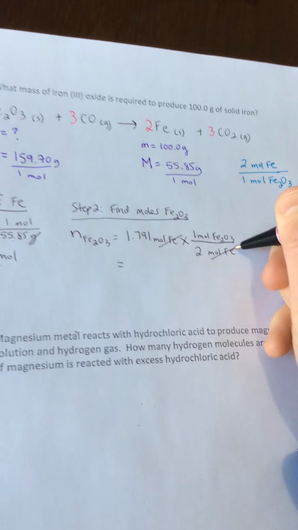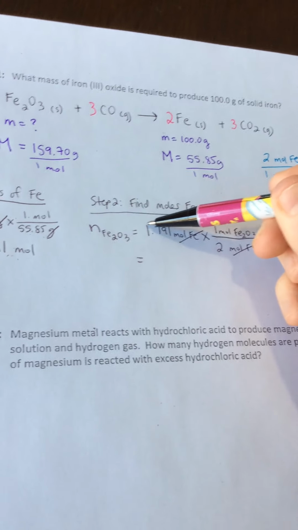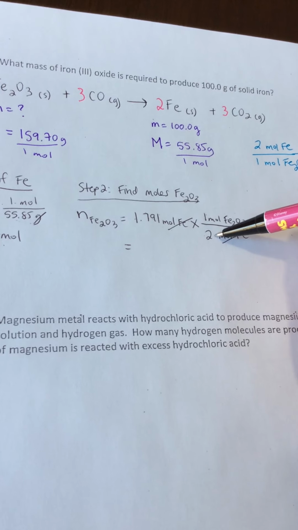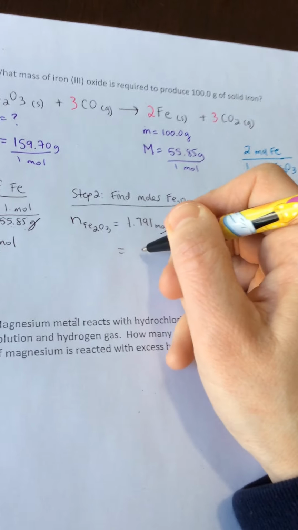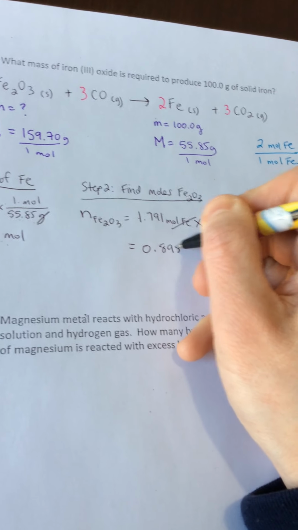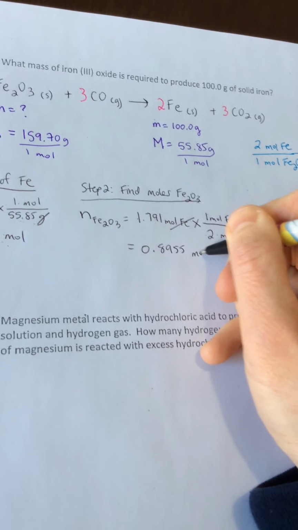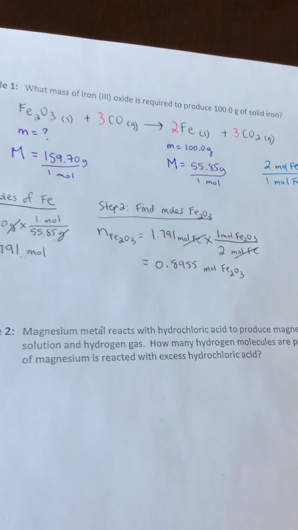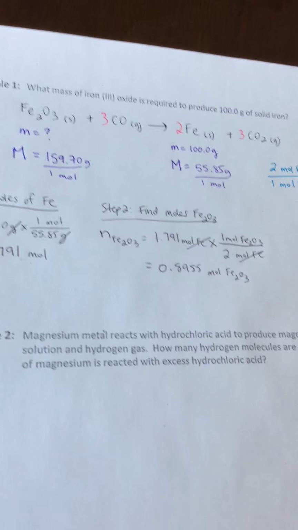Moles of Fe cancels out with moles of Fe, so we want 1.791 times 1 divided by 2. That is going to give us 0.8955 moles of Fe2O3.